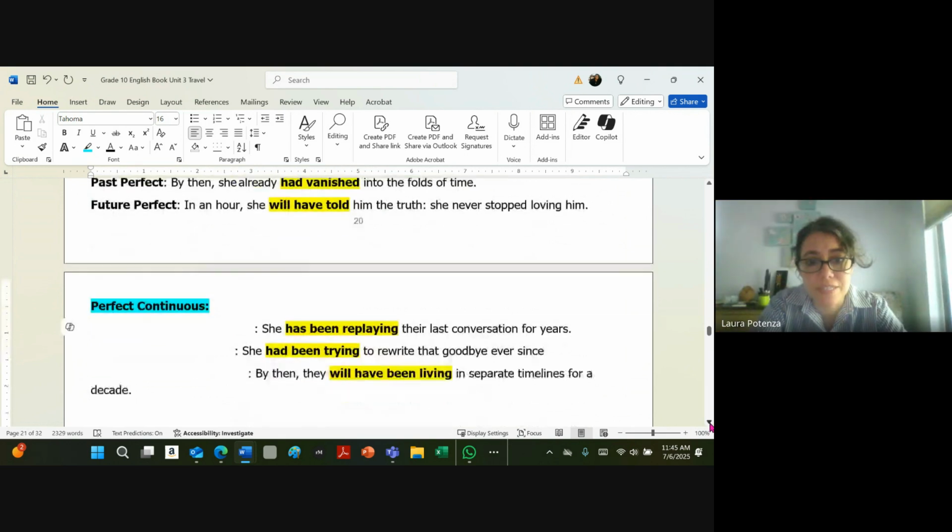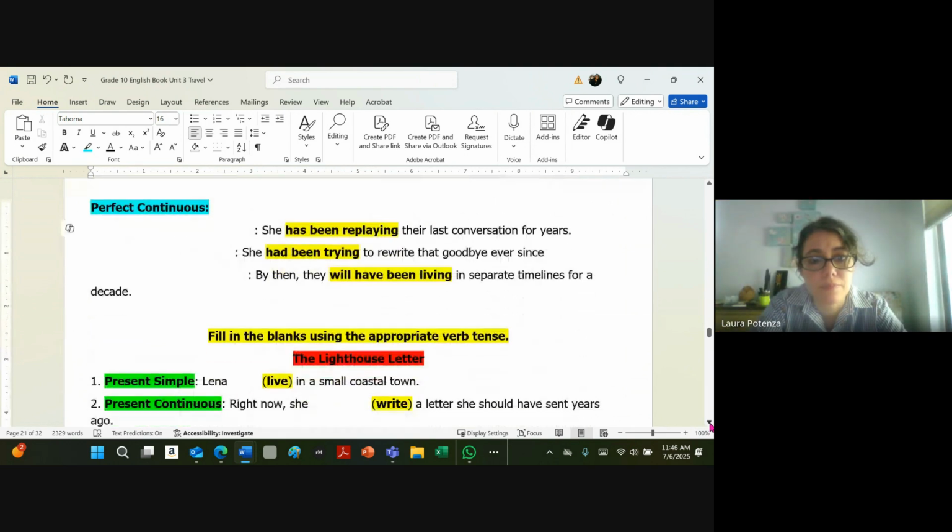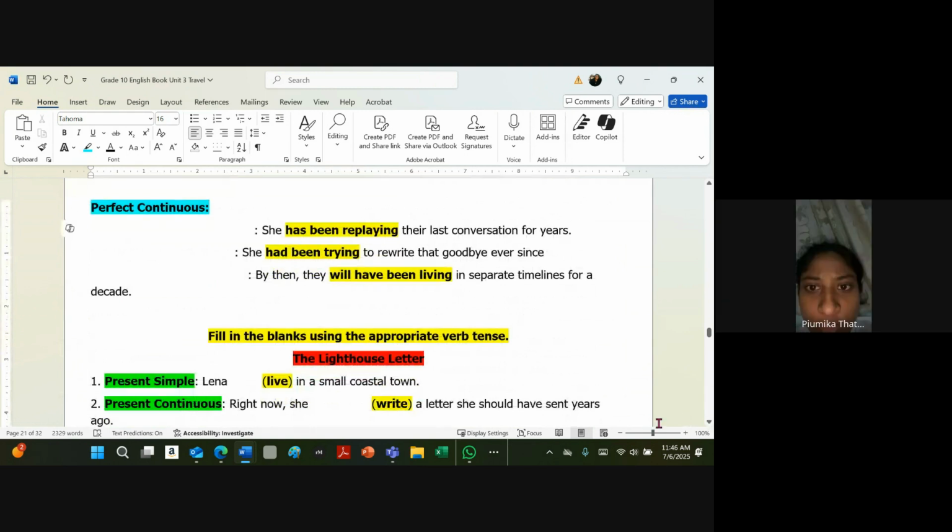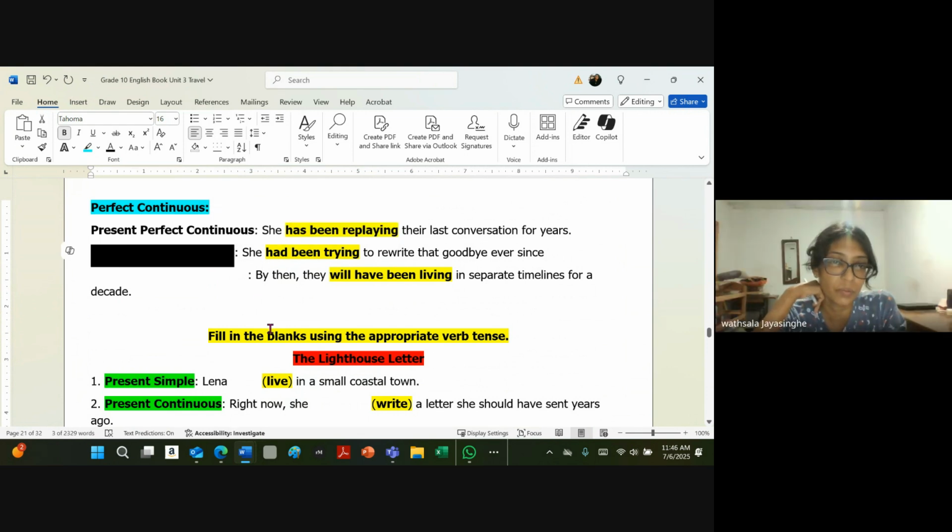And now we have perfect continuous. She has been replaying their last conversation for years. Present perfect continuous. She had been trying to rewrite that goodbye ever since.